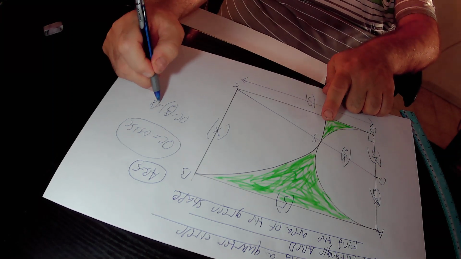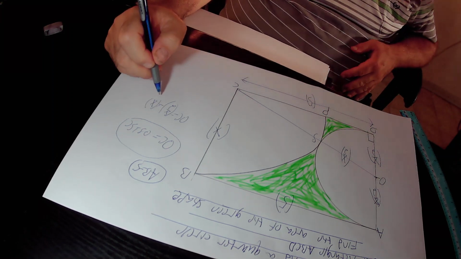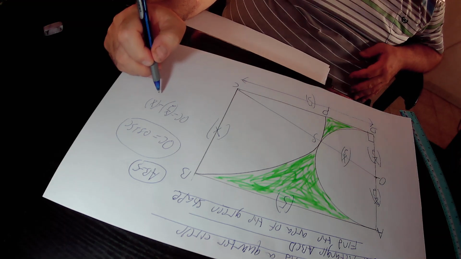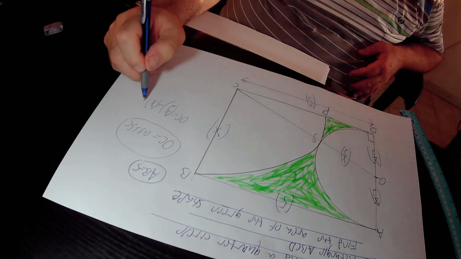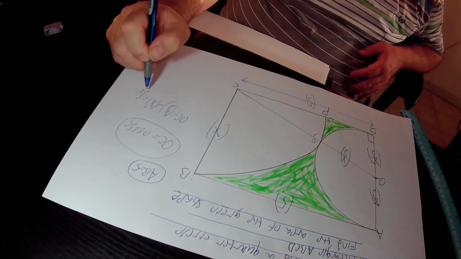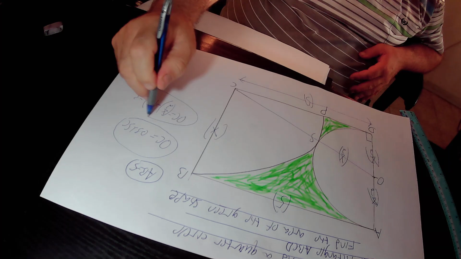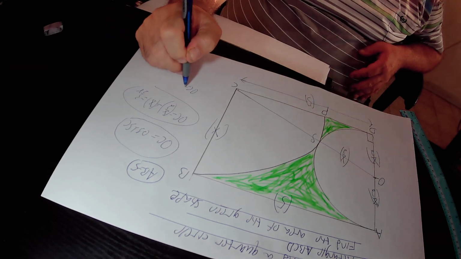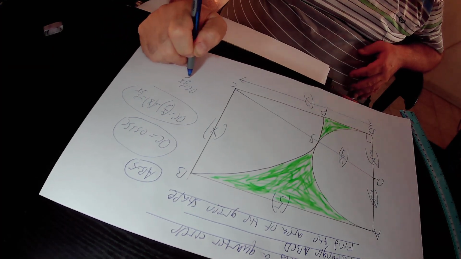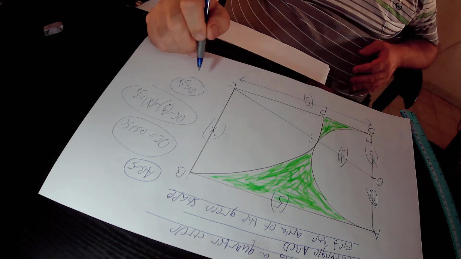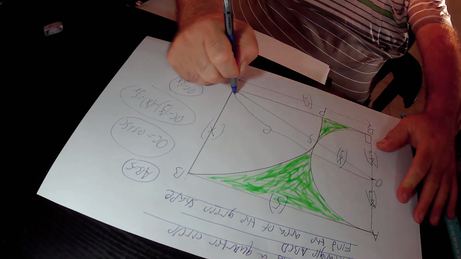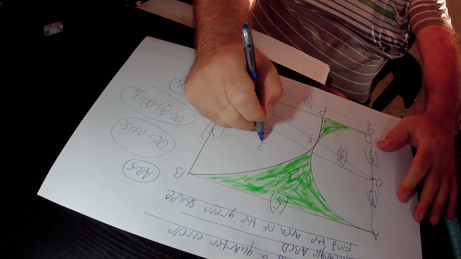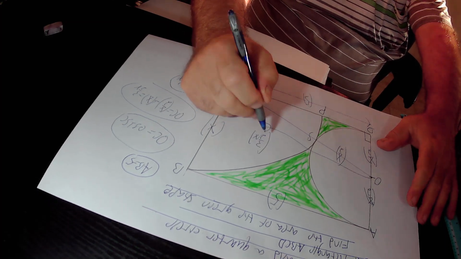So in total we found that OC equals x over 2 plus x, that is 1.5x, or 3 over 2 times x units. So OC equals 3 over 2 times x units in length.